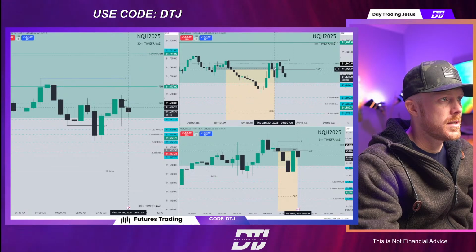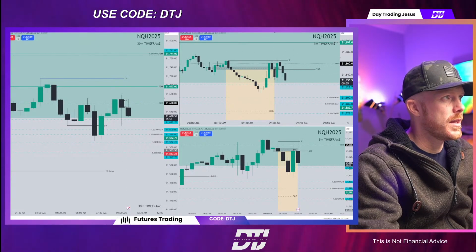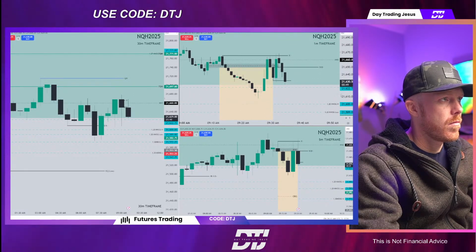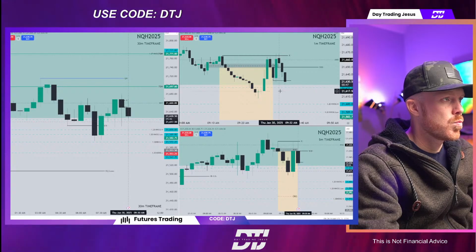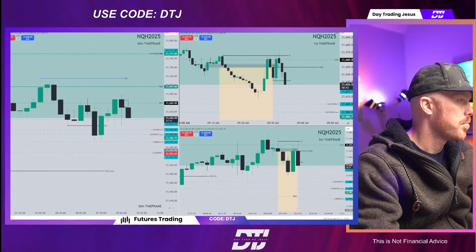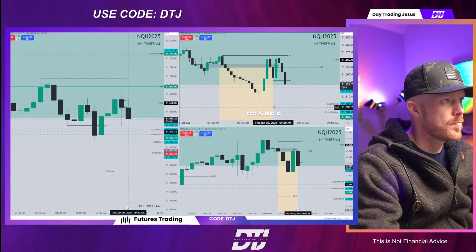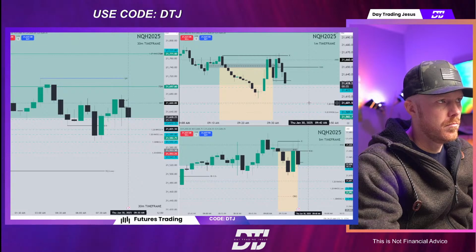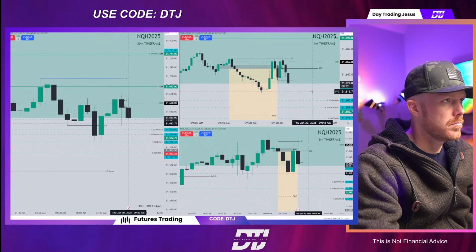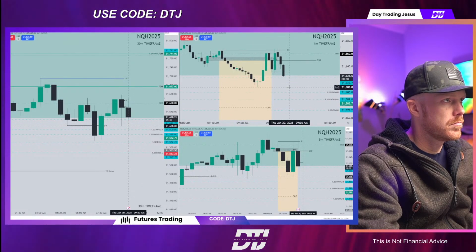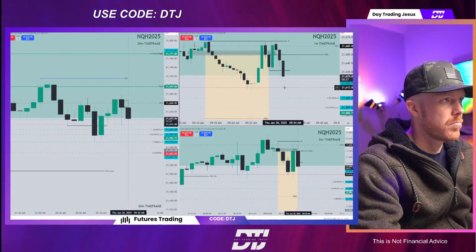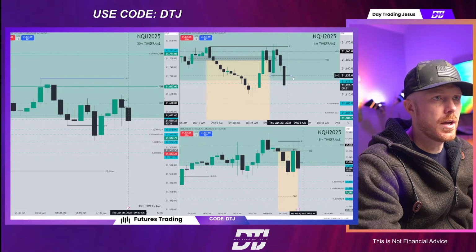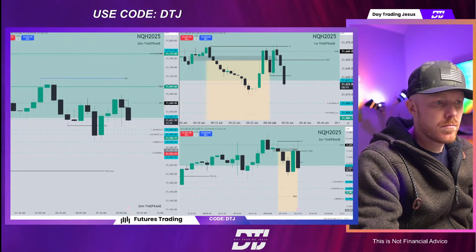The question for me is, will we see displacement and will we treat this like a breaker? I do like it. If we come back up into this level, I will look at taking a short.